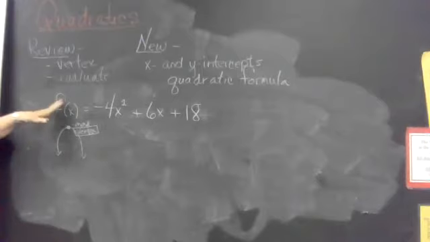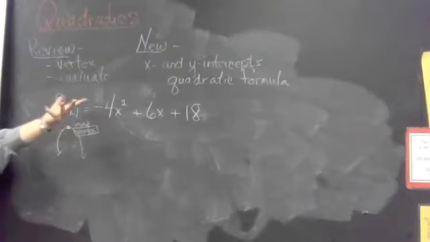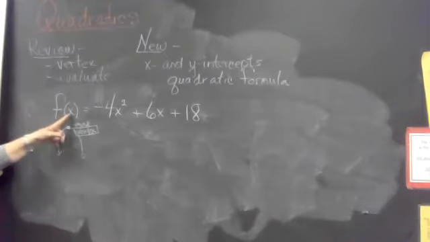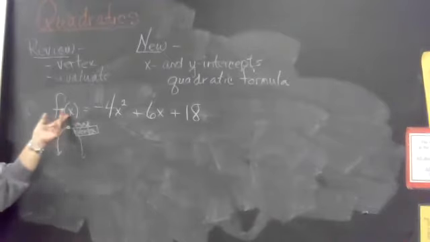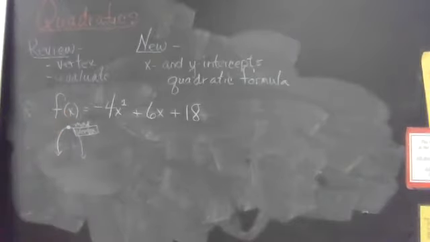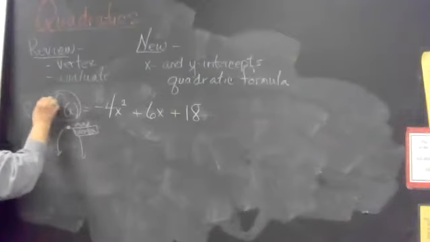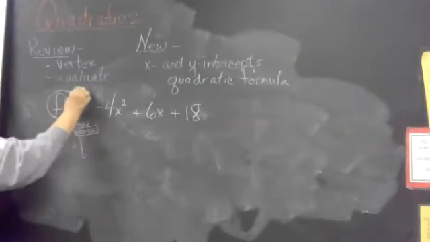And this simply means the f is what we named this equation, okay? And the x inside simply says this f equation is going to have x's in it. That's all this functional notation means. So we also know, which makes things easier, is that our functional notation can also be interpreted as y.